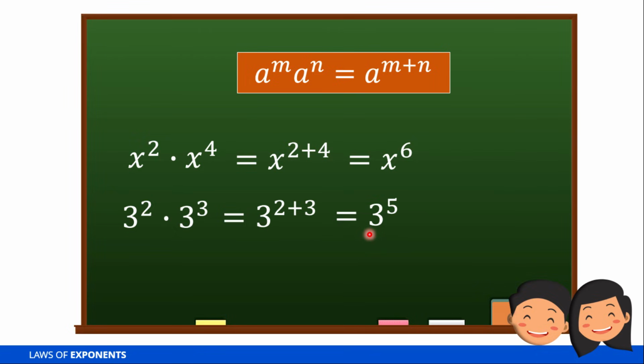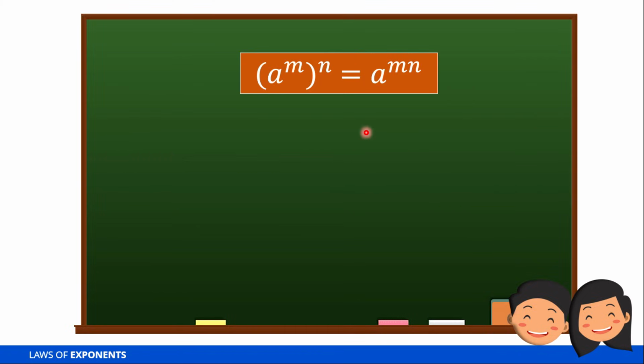It will become 3 to the 5th power. Tapos, i-simplify natin ito since we have here a base na number. Simplify natin. So, this means 3 times 3 times 3 times 3 times 3, which is equal to 243. Okay? So, yung expression natin kanina na 3 squared times 3 cubed is equal to 243.